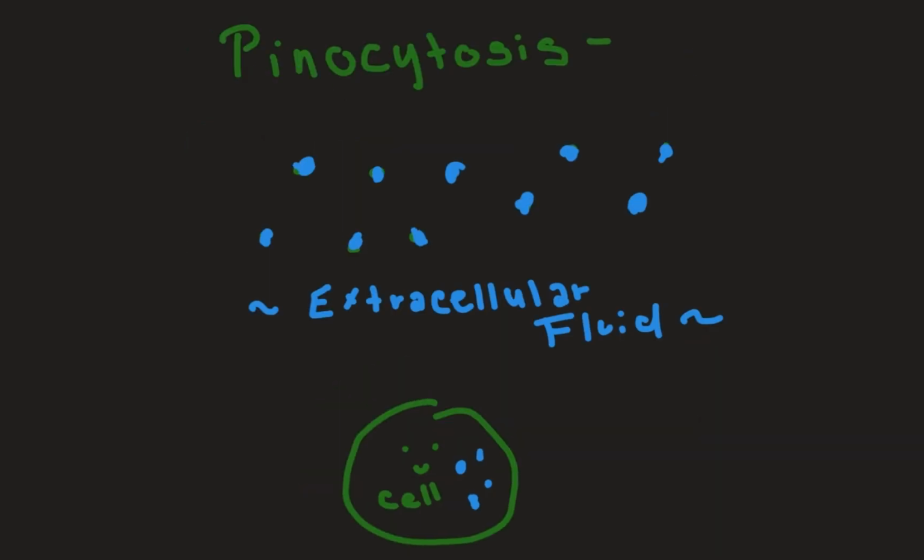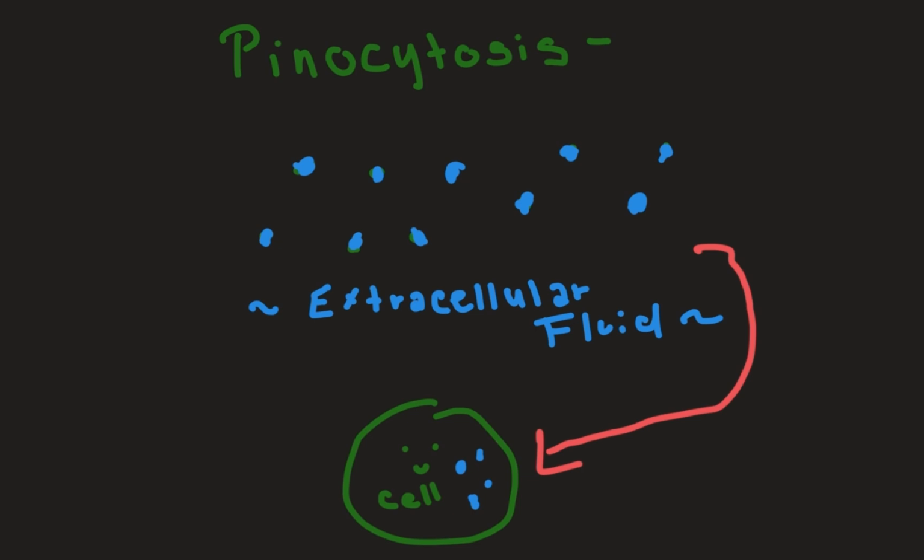So next we have pinocytosis, which the root basically means drink cell. And in this one, the cell membrane engulfs extracellular fluid. So all of this would just go in here.